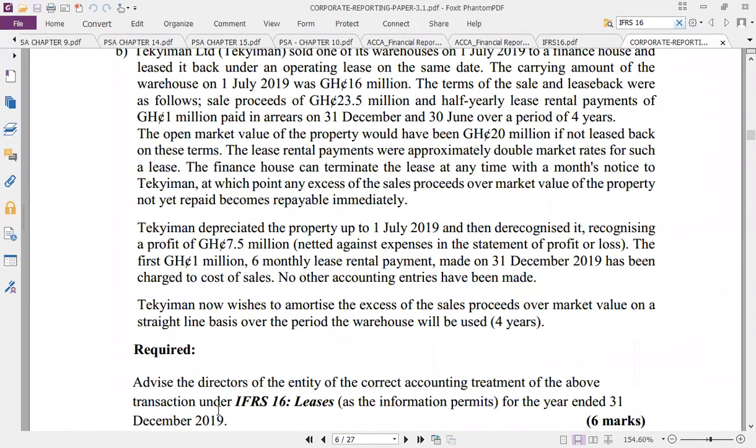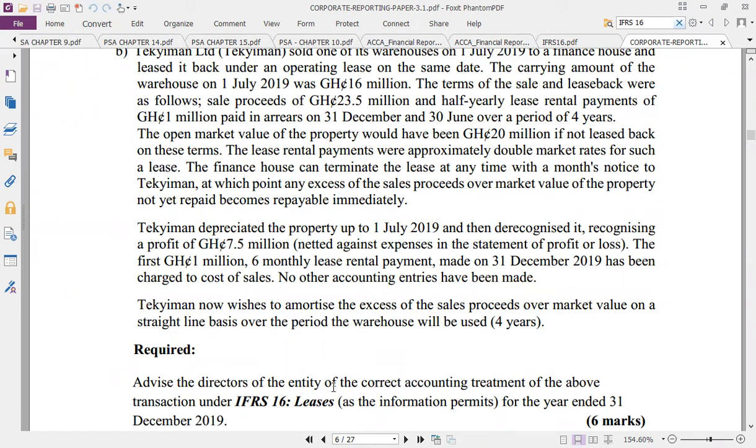It says, advise the directors of the entity on the correct accounting treatment of the above transaction under IFRS 16 as information permits. Meaning as the information that we have, for the year ended 1st December 2019.